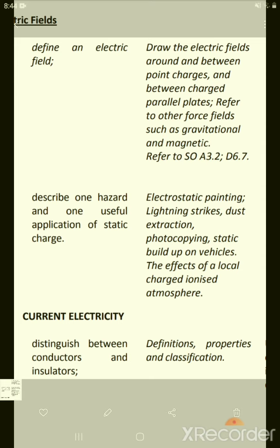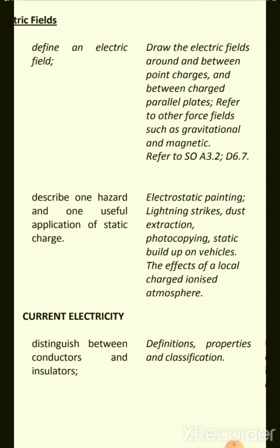And over our second column, just beside that to the right, the caption for that second column is the explanatory notes. And we are given some examples. We have electrostatic painting, which I mentioned, lightning strikes, which is a hazard, and it was mentioned in the video previously.